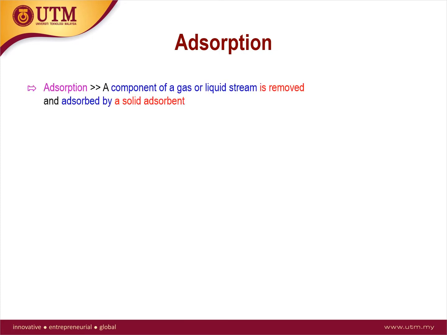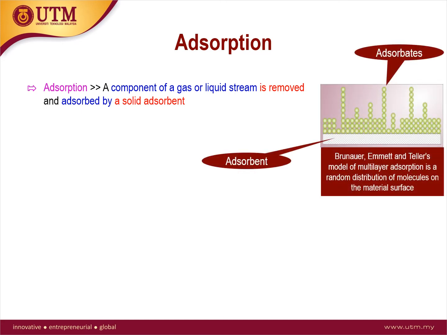What is the adsorption process? The adsorption process is a process where a component of a gas or liquid stream is removed and adsorbed by a solid adsorbent. The picture that shows the adsorption process is shown here. The adsorption process is composed of two main components. The first is called the adsorbent and the second is called the adsorbate.